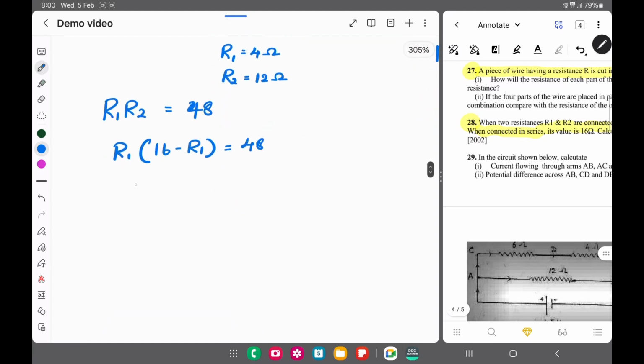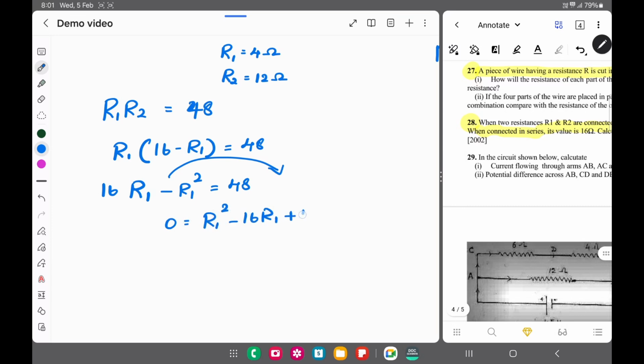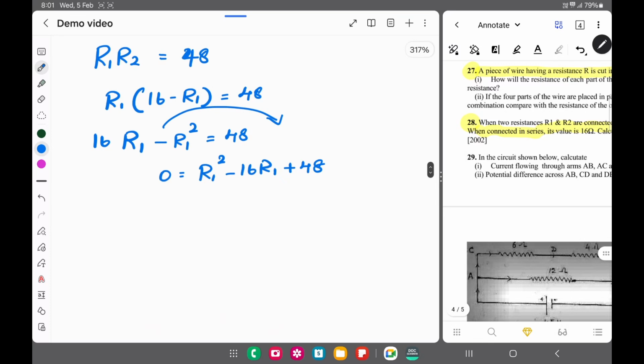Then multiply this: 16 times R1 minus R1 squared is equal to 48. Bringing all these terms to the right hand side, it becomes R1 squared minus 16 R1 plus 48. Now you have a quadratic equation, so you can solve this. We can factorize.